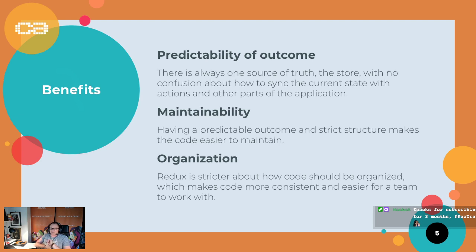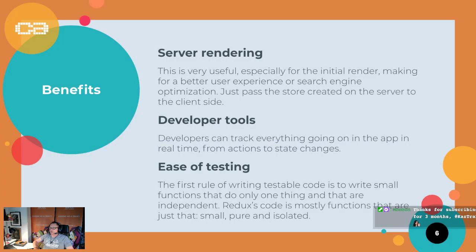Maintainability: having that predictable outcome and a strict structure makes your code much easier to maintain and understand. Organization: again, Redux is strict about how code should be organized, which makes the code more consistent and easier for your team to work with if you work on a distributed team project.